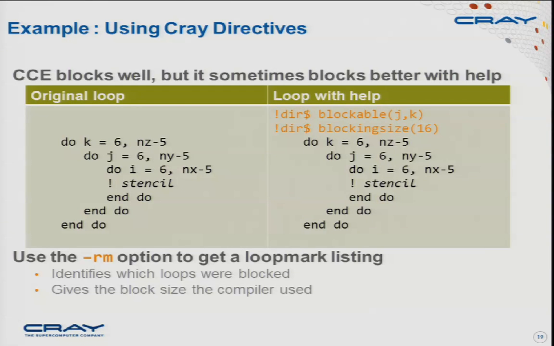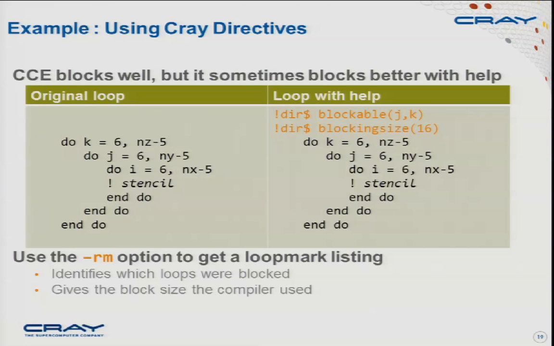By that, I mean in general there can't be statements between, in this case, the J and the K loop, or between the end-dos of those two things. They've got to be perfectly nested. But if you do have this in the code and you want to try out blocking using the Cray compiler, don't forget about blockable as a way to rapidly try some things.